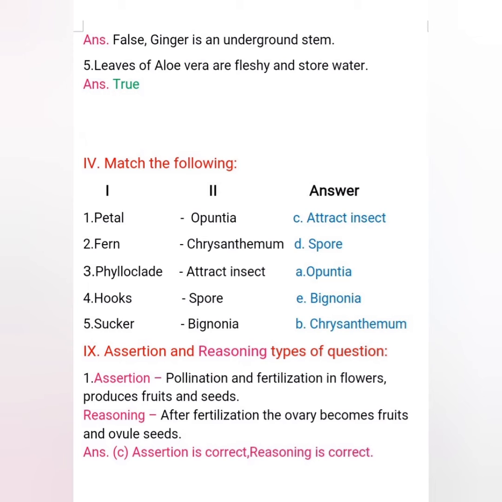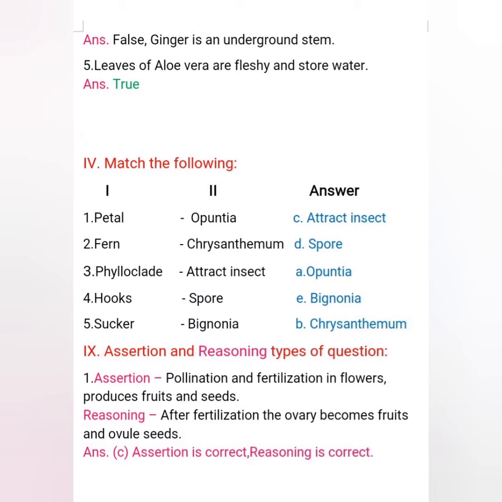The fifth Roman, assertion and reasoning type questions. Question number 1, assertion: pollination and fertilization in flowers produce fruits and seeds. Reasoning: after fertilization, the ovary becomes fruits and ovules become seeds.